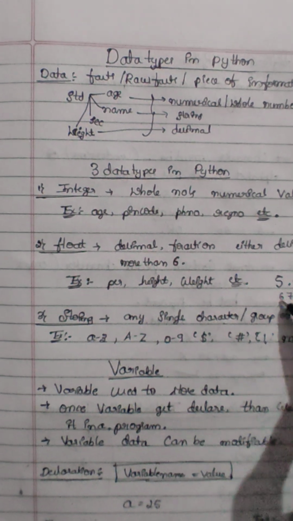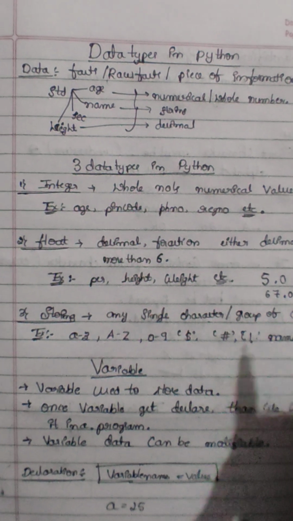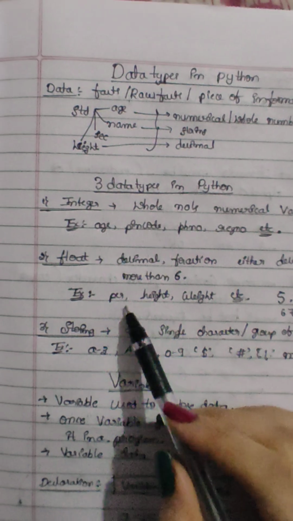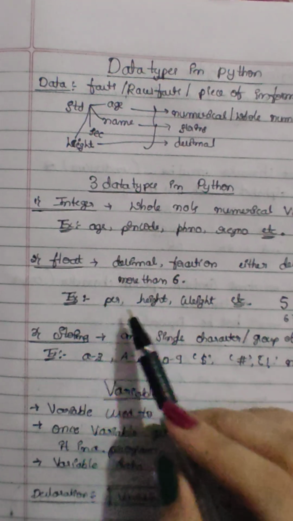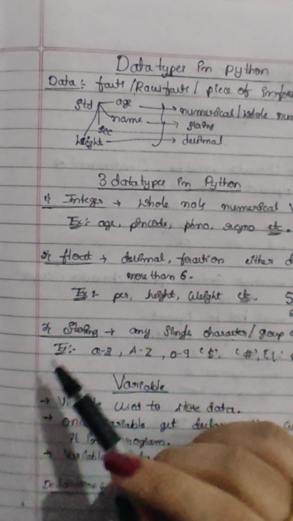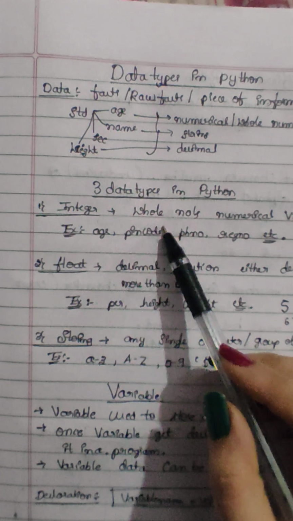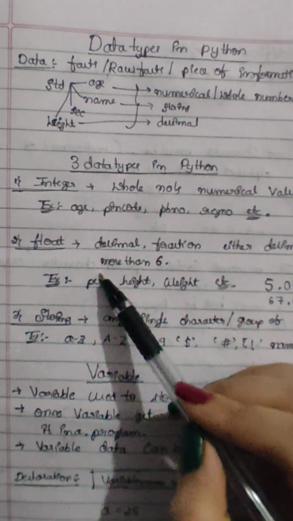If I give an integer value also, it holds a point something. If I did not give any floating point value, like I have given just the integer 67, it is going to contain it. But floating point data, integer will not contain, but float can contain integer type of data.